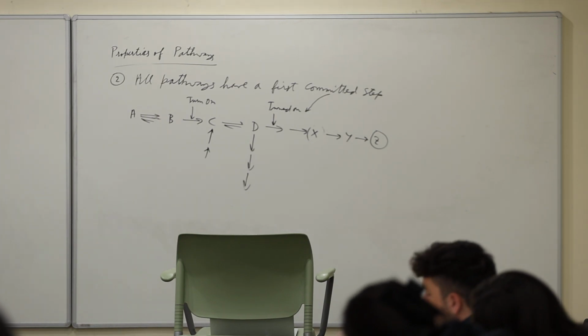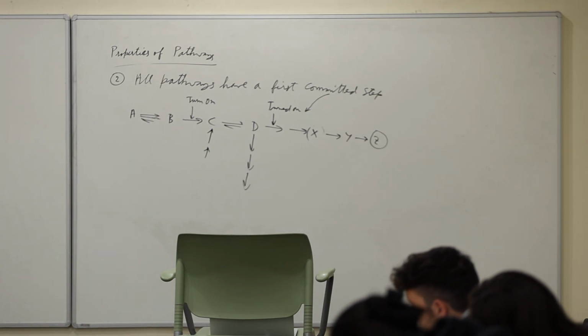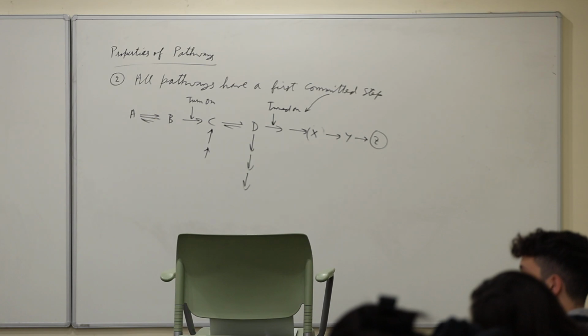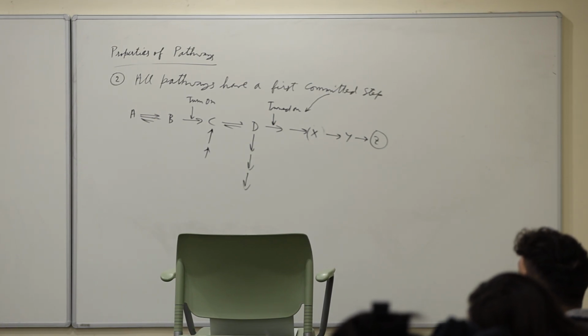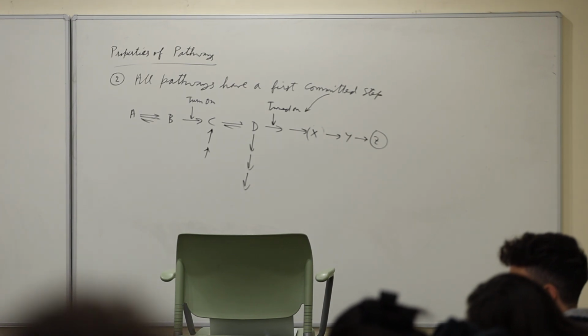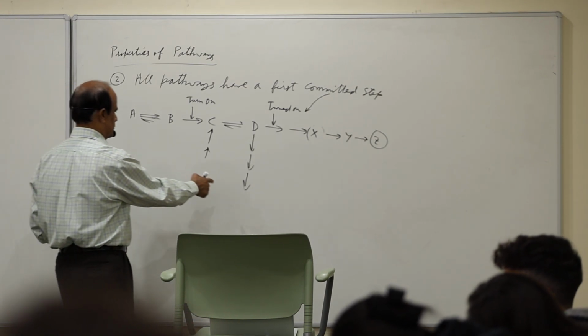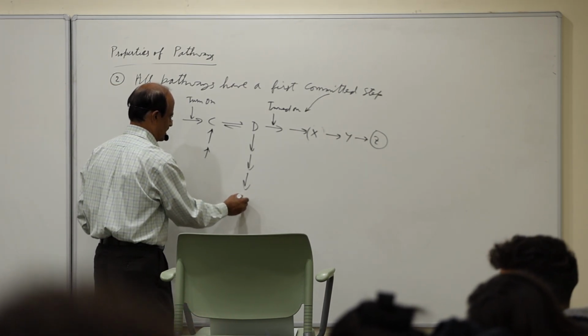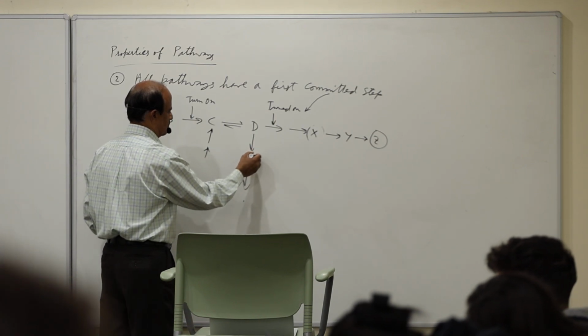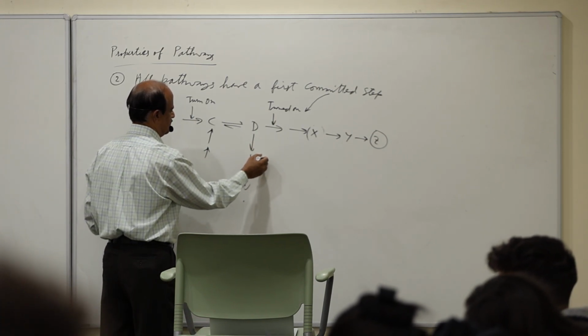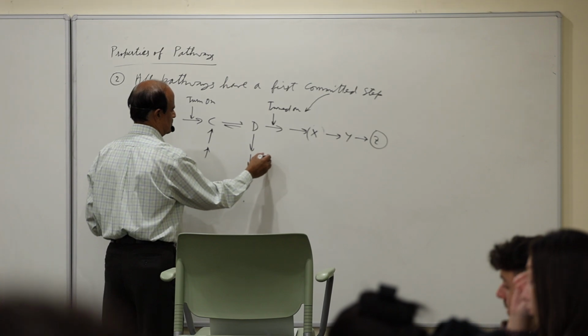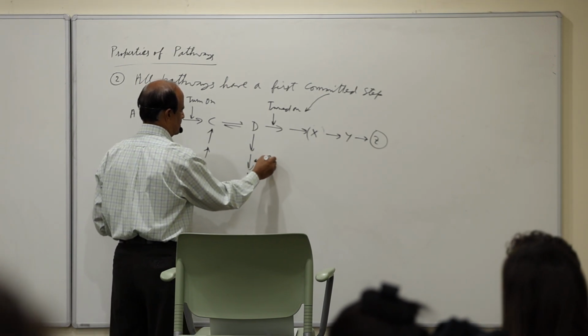So this way then every pathway has a first committed step, and as you can expect, where will the regulation happen? It will happen at the first committed step. Regulation will also happen somewhere here, because this also has to go to its own end of the product. So whichever is regulated here, whichever is irreversible, let's say this one is irreversible, then this can be regulated.